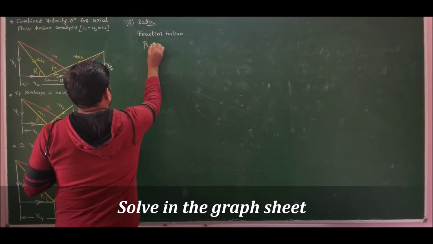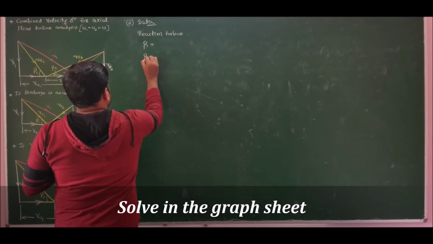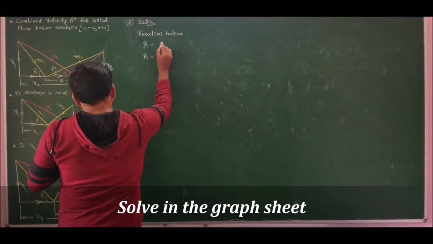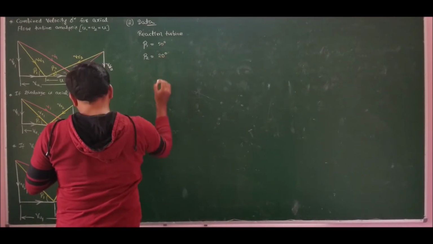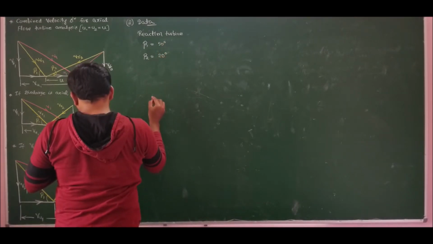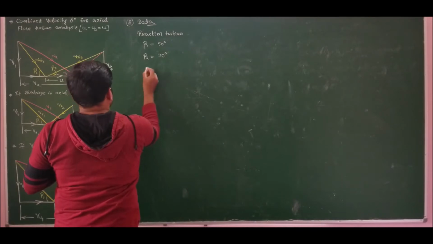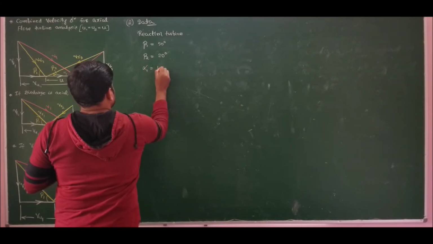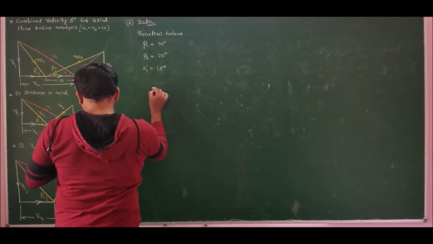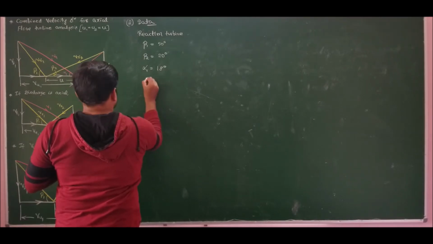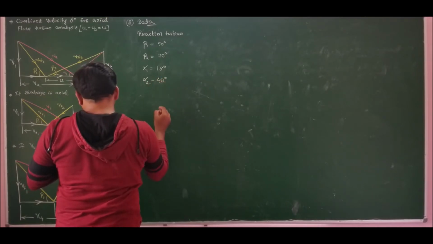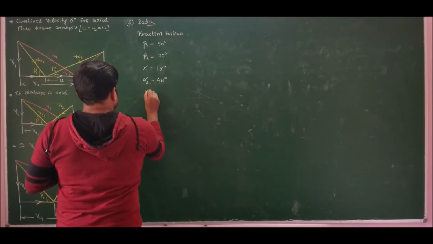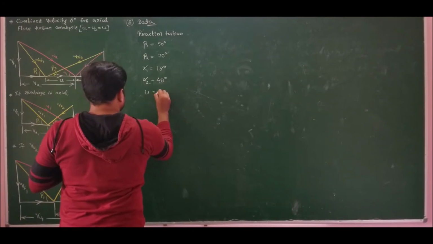Inlet blade angle is beta 1, exit blade angle is beta 2, which are 50 degrees and 20 degrees. Steam enters at 18 degrees to the rotor wheel, so alpha 1 is 18 degrees, and leaves at 40 degrees, so alpha 2 is 40 degrees. The rotor speed, that is U, is given as 260 meters per second.